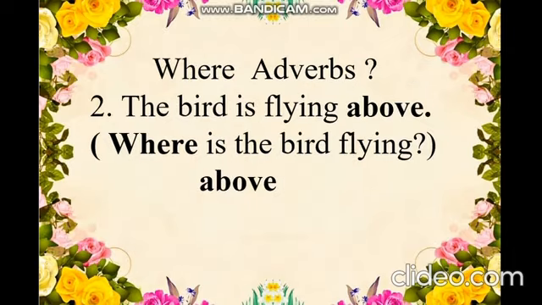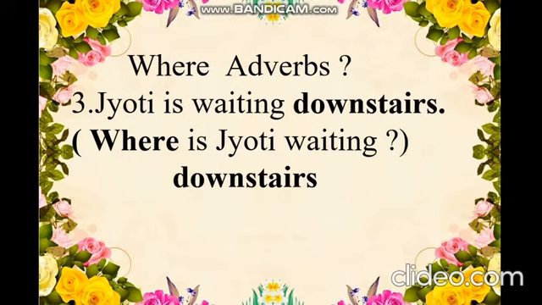Another example of where adverb is, the bird is flying above. Here the question is, where is the bird flying? And the answer to that is above. Let's make it more clear with this example.